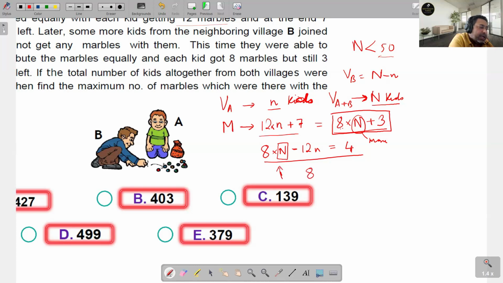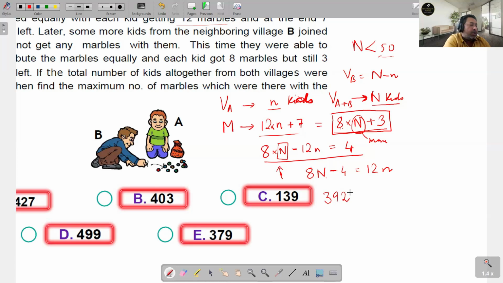And say that 8n minus 4 is equal to 12n. From this equation, let's put n as 49. 50 times 8 is 400, so this one will be 392.